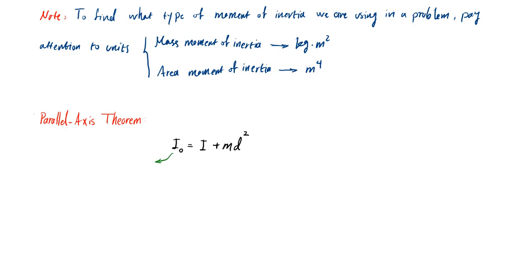This I'll define as the mass moment of inertia about some axis O. Just some axis. Now this I-bar would be the mass moment of inertia about an axis parallel to axis O. Right?